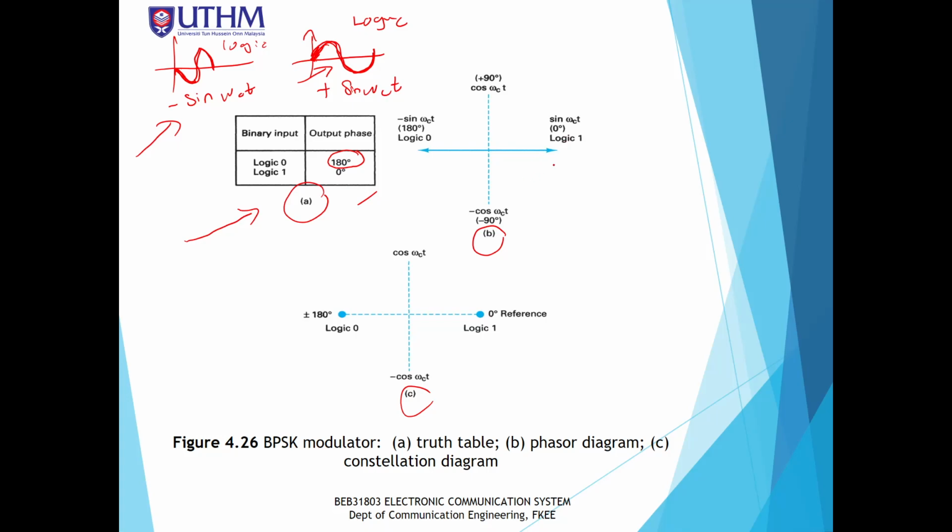Okay, and when we draw the phasor diagram, phasor diagram is also known as the arrow diagram. So you see that this is to see the difference of output in terms of phase. Kita nak lihat perubahan output dari segi fasa tersebut.